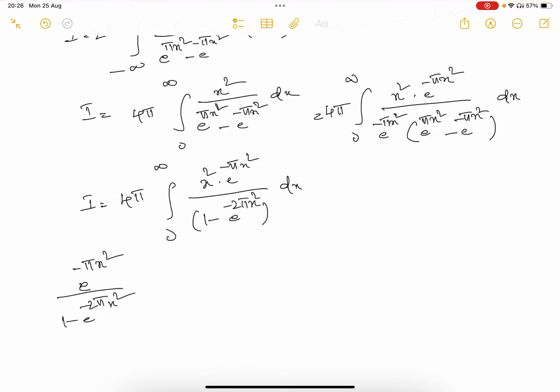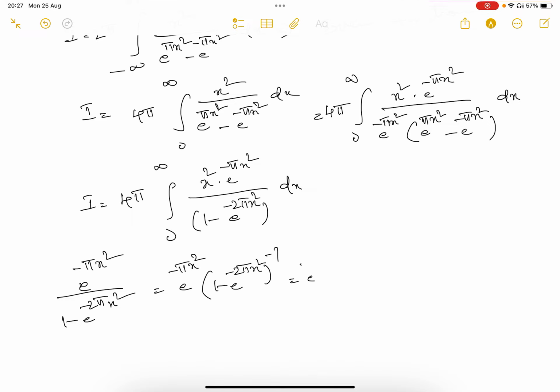Let's try to write it in the form of a summation. E power minus pi x squared, this will be 1 minus e power minus 2 pi x squared, whole power minus 1. The expansion of 1 minus x whole power minus 1 is 1 plus x plus x squared and so on.